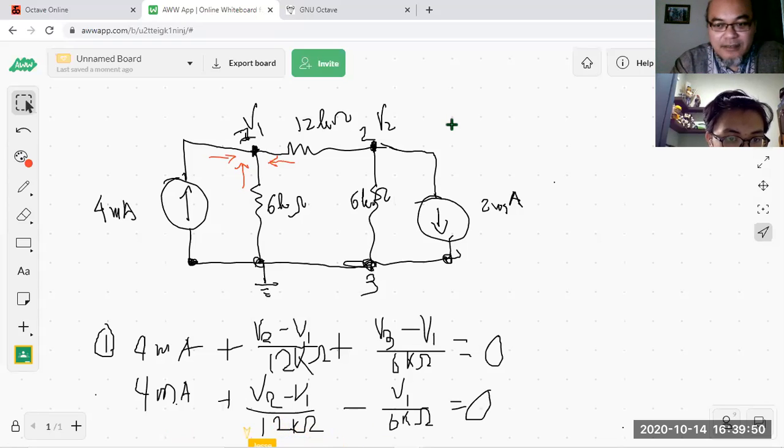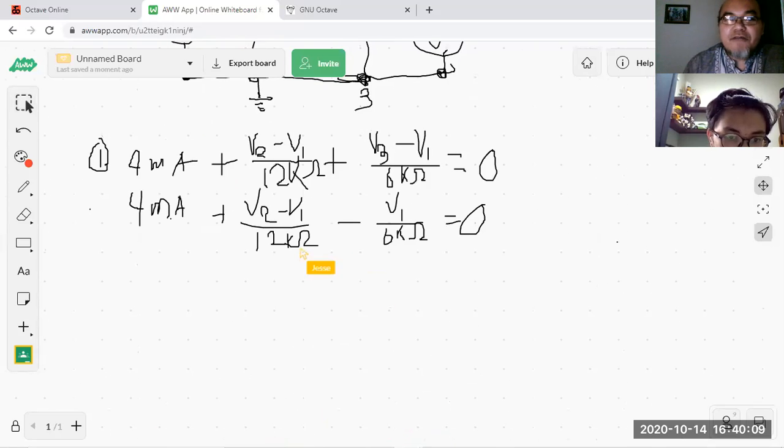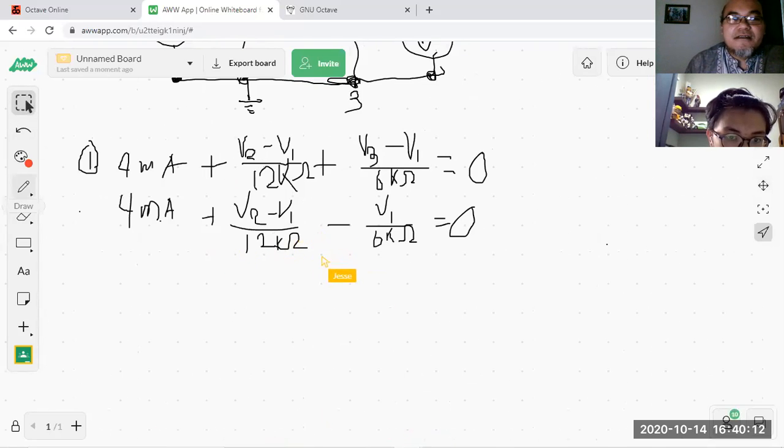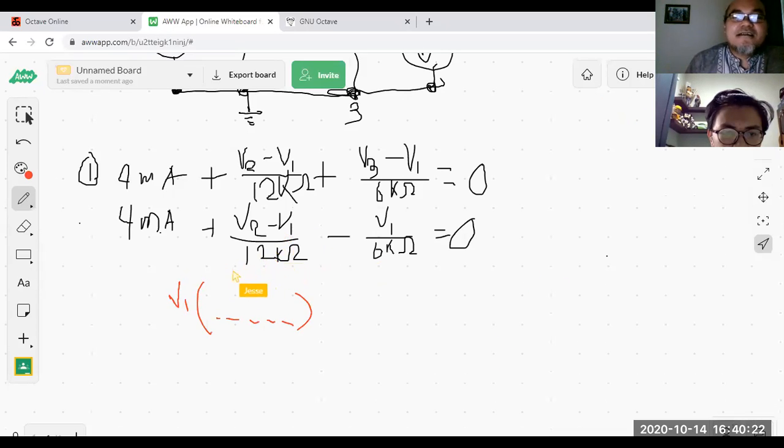So grouping the V1s only into a single term, V1 multiplied by minus 1 over 12K, then another one minus 1 over 6K.